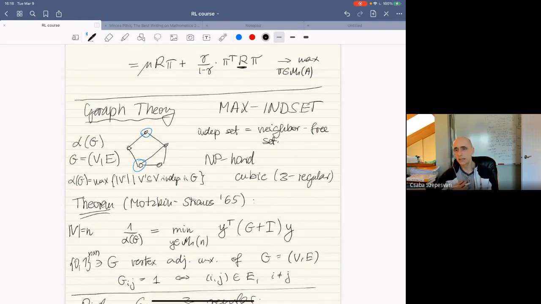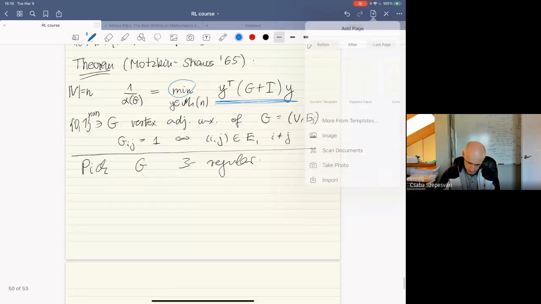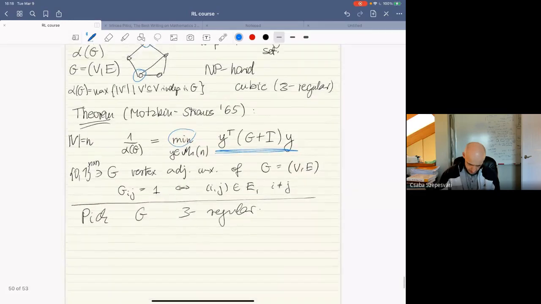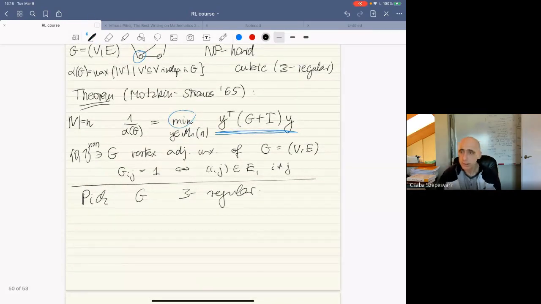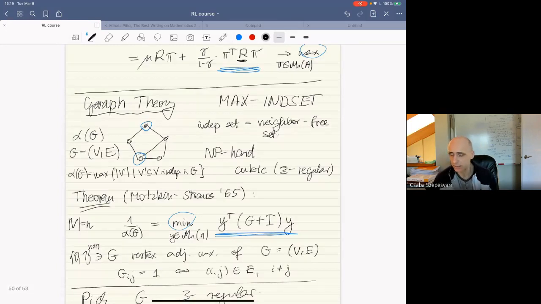How do we do this? We need to choose some R. We see this curious similarity here. Here we have a minimization, here we have a maximization. So the natural choice is going to be what? Can someone help me? What's the natural choice, the thing that you would try first?